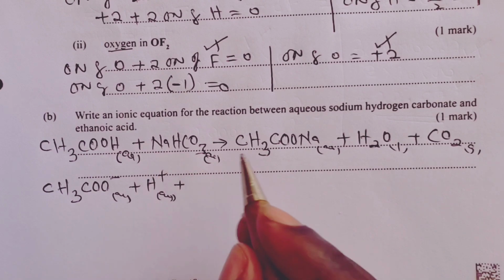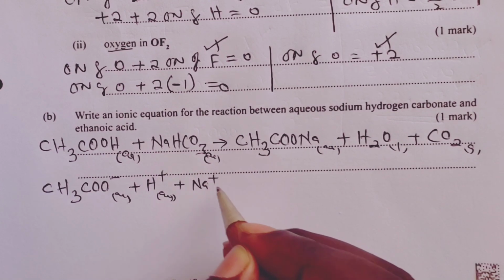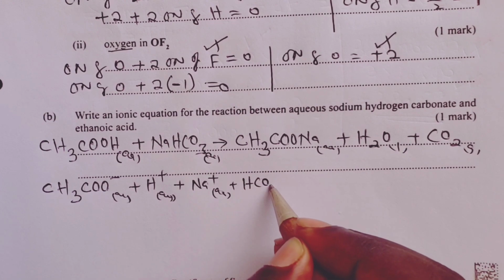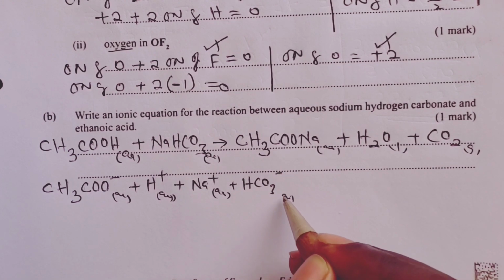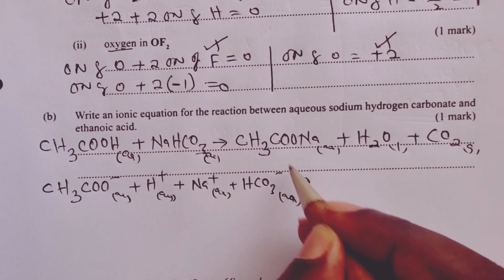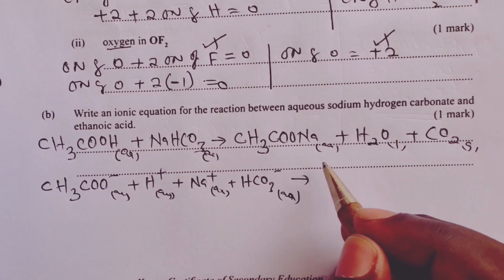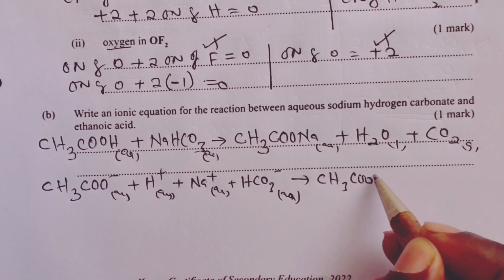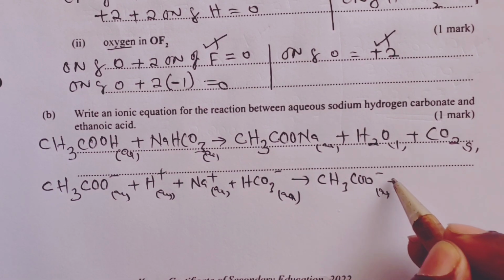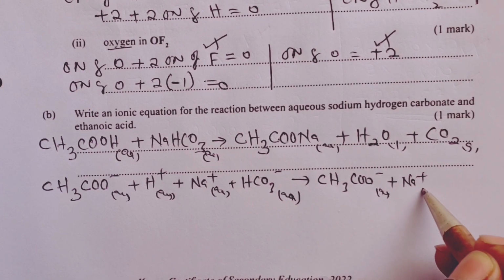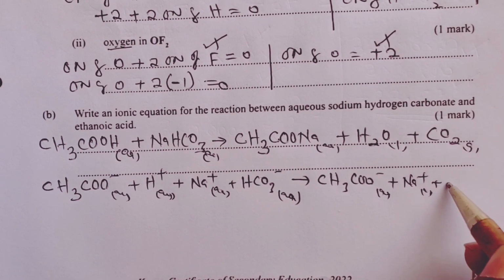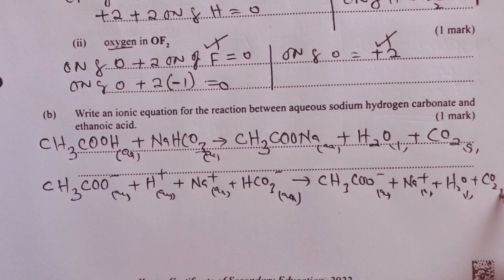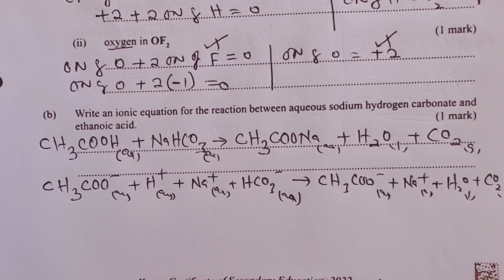In sodium hydrogen carbonate, I have sodium ions and the hydrogen carbonate ion. Moving on to my products, I'll have again the ethanoate ion and sodium ion. And of course in water, I have no ions, I leave it the way it is, and in carbon dioxide gas, I have no ions.